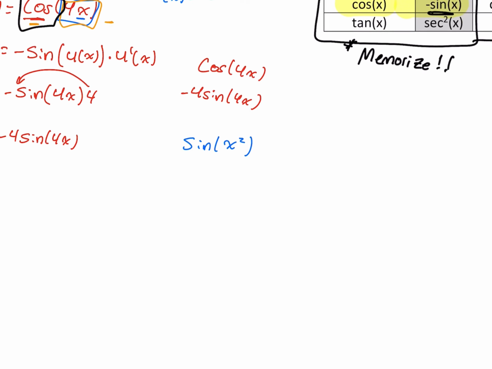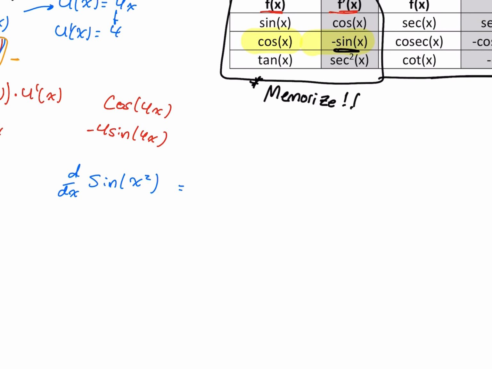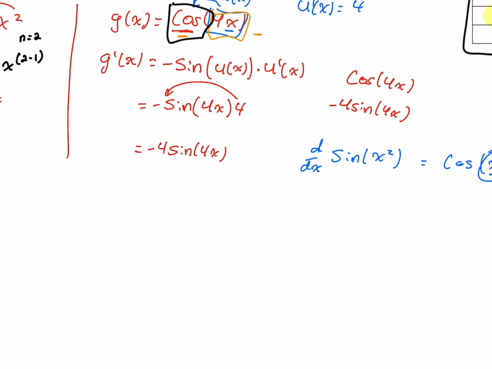The derivative of sine of x squared is really, if you look at the table up here, cosine of x squared times 2x. Since 2x is the derivative of x squared, we're always multiplying by the derivative of this inside term here. So we always bring this out and take the derivative and multiply the function by that. And you can see that's also what we did over here.